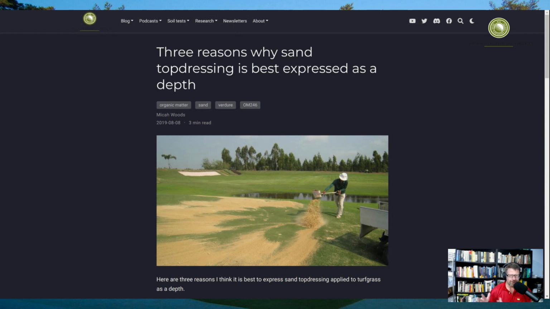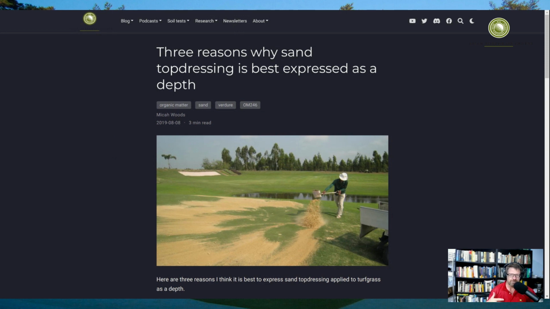I'll tell you right now up front that my personal preference for simplicity is to express it as a depth, okay? But the main thing that I think is essential for everyone is to keep track of how much sand is applied.